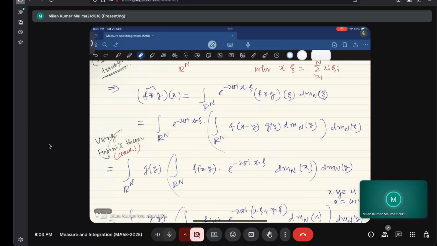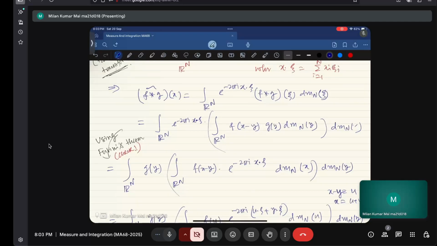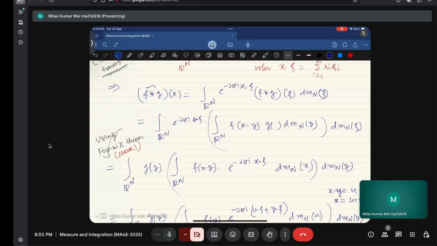Instead of changing all of them, let's convert the previous one.